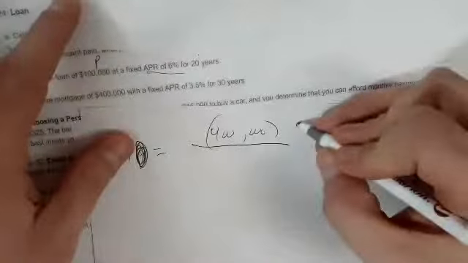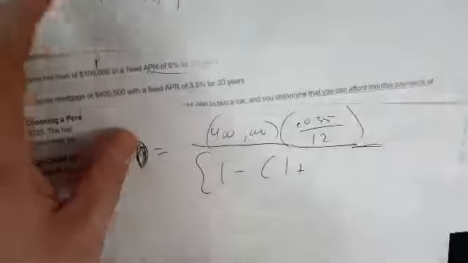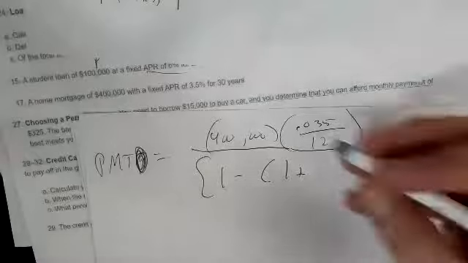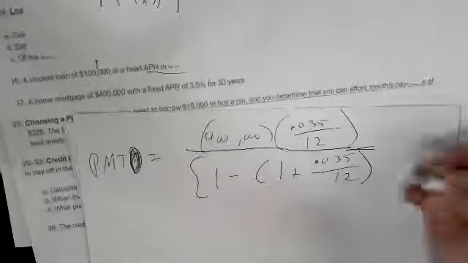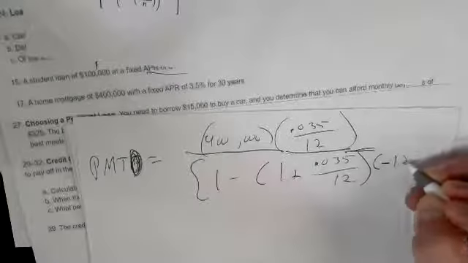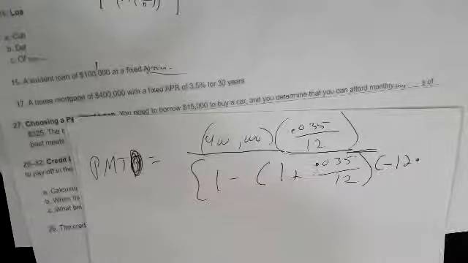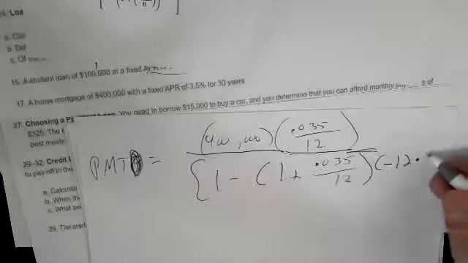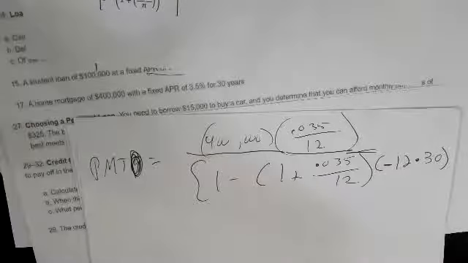APR over N looks like 0.035 over 12. Doing the crazy 1 plus thing, I'm doing the same number, APR over 12, and I'm doing this to the negative N times the number of years. So pulling off from the problem, they're telling me 30 years on this one.